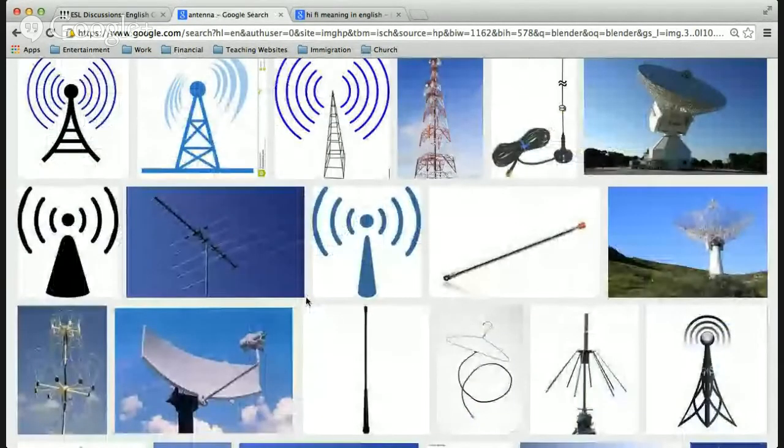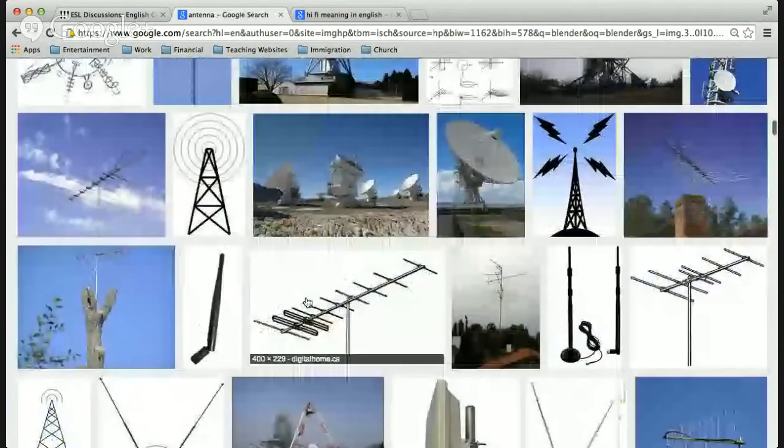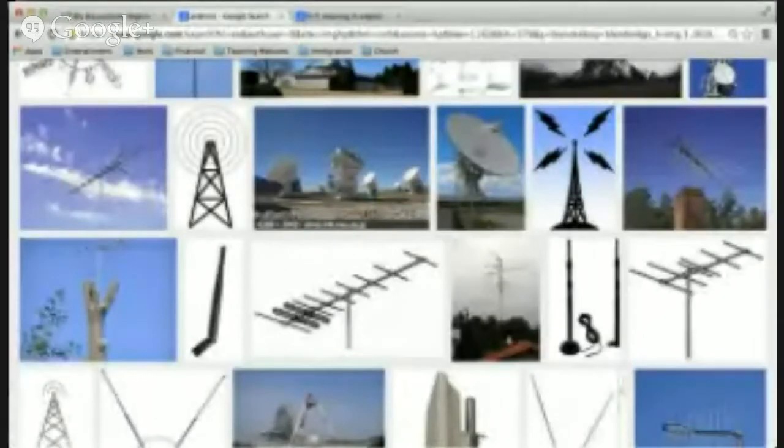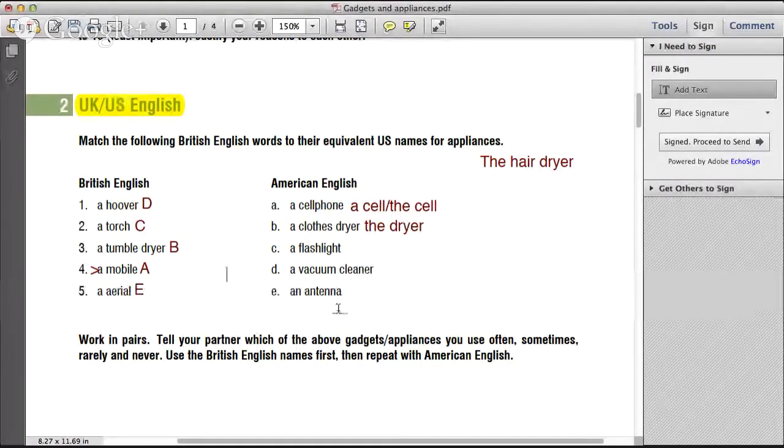We would call these an antenna. Any other questions so far, you guys? Chet, I want to ask, is this writing, an aerial or a aerial, correct? This one right here would be incorrect. That's probably a typo. It would need to be an aerial. That would be a typo on the sheet.